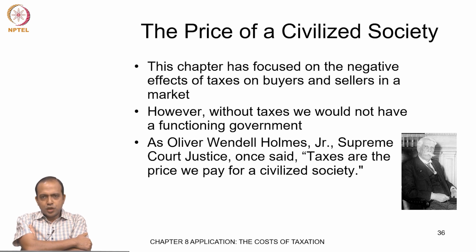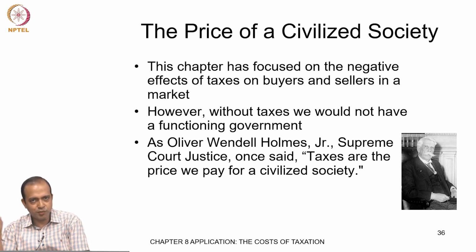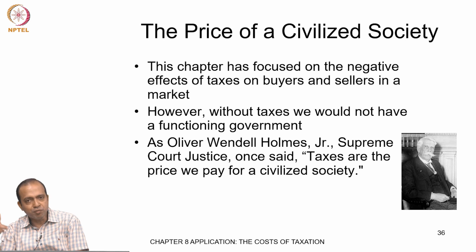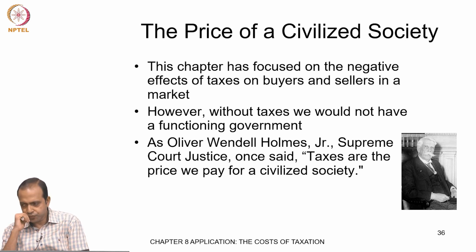Okay. So, if we have to avoid tax, then probably we have to live in a jungle, not in a civilized society, because in a civilized society we are enjoying many benefits for which we must pay a price. So, tax is considered the price we must pay for living in a civilized society.